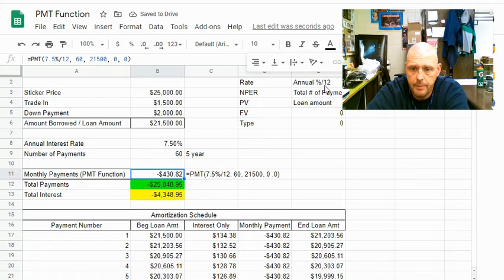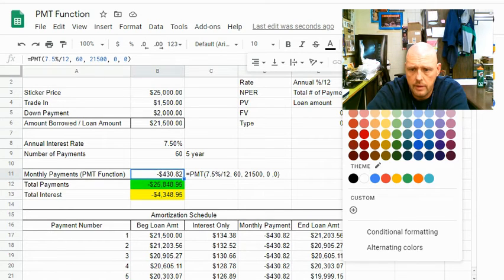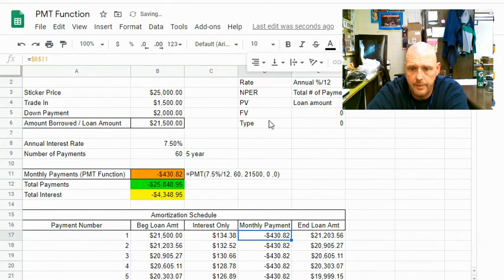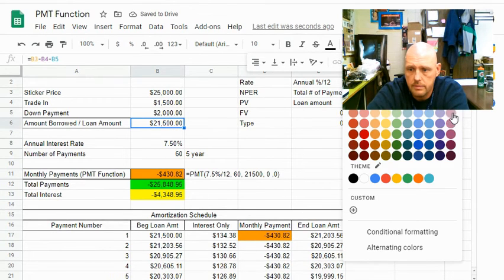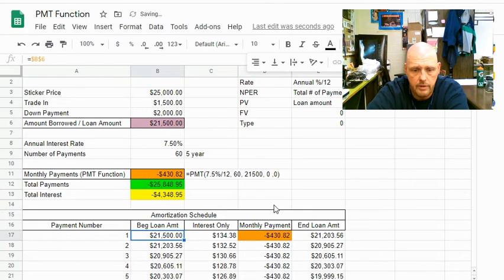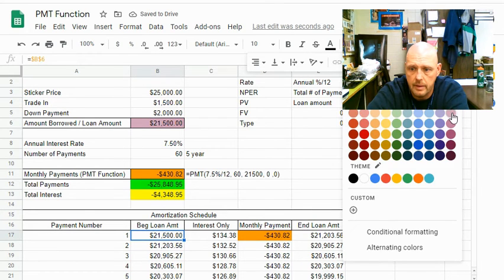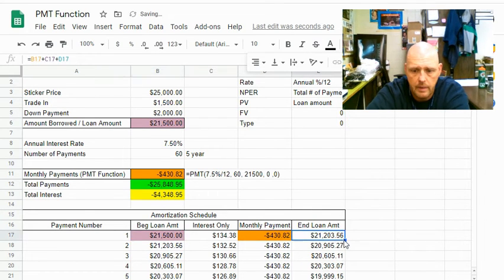Here was my monthly payment, which we'll color up orange, which should match that monthly payment there. Orange. Here's my beginning loan amount of light pink, which should match up with that loan amount right there of light pink.